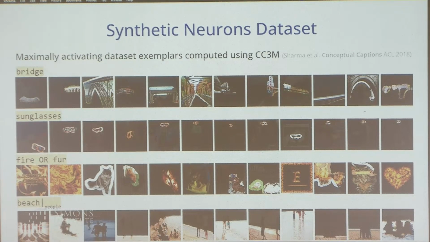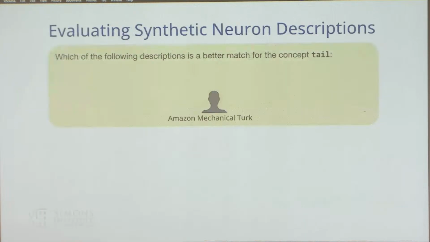And you can see some examples of the kinds of behaviors our synthetic neurons display, like what Maya sees. They detect bridges, sunglasses, a polysemantic neuron detecting fire or fur, or beaches only when people are present. Maya can produce descriptions of these neurons, and then we can evaluate them directly, right? Since we know the ground truth.